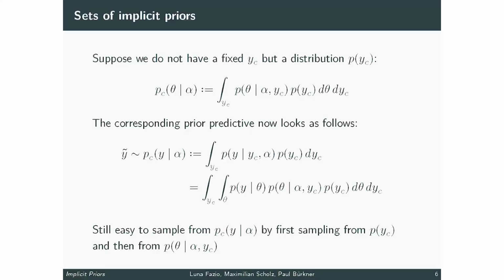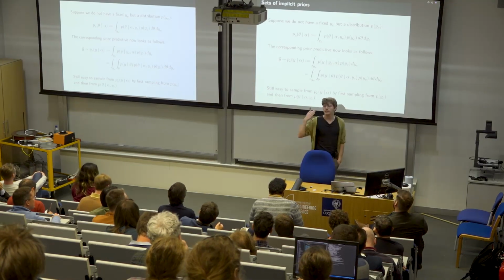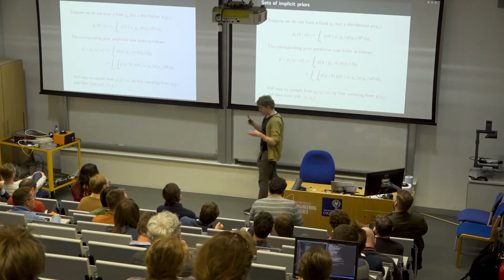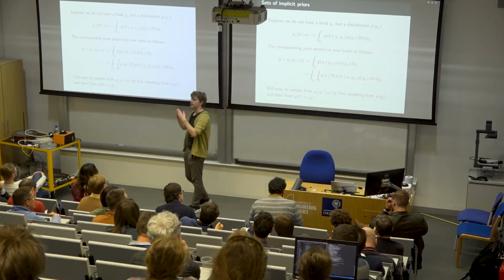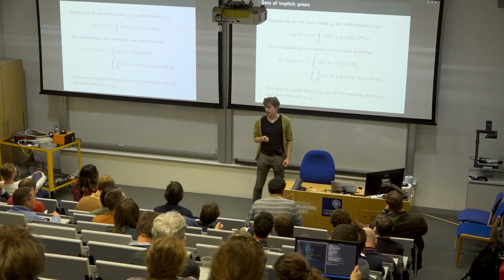It's still easy to sample from that. We first sample a new tiny data set, and then we sample from the corresponding preconditioning prior posterior. So this way we can avoid being too focused on a single data set.